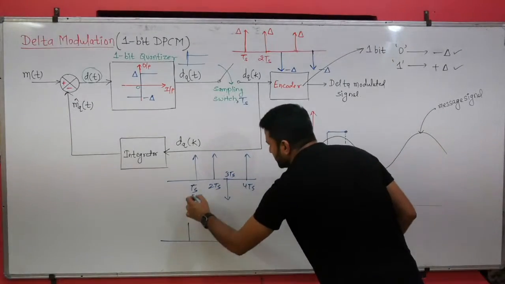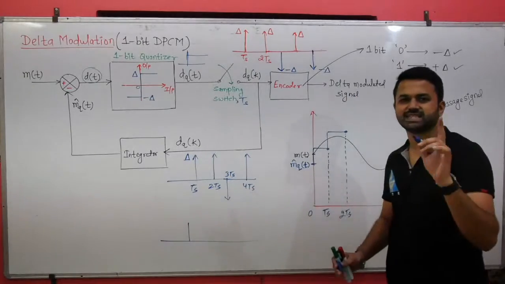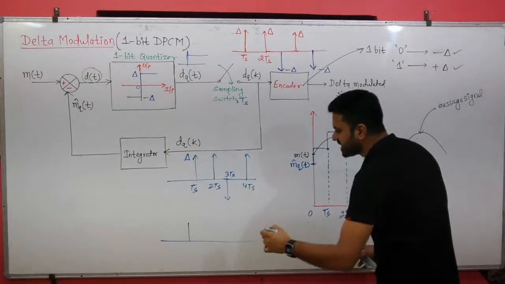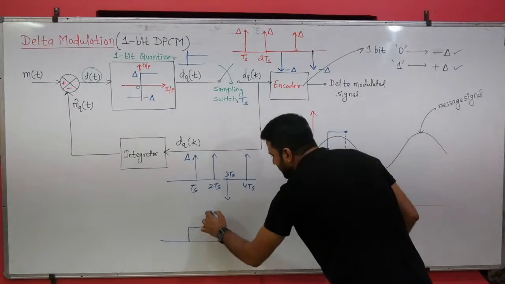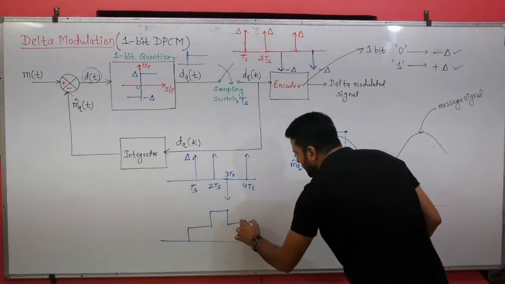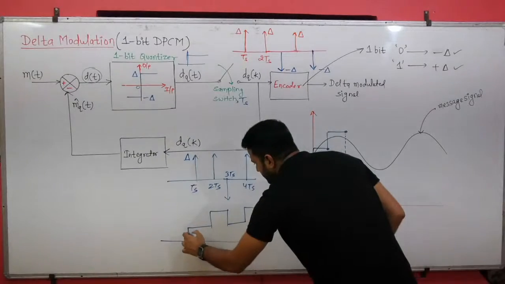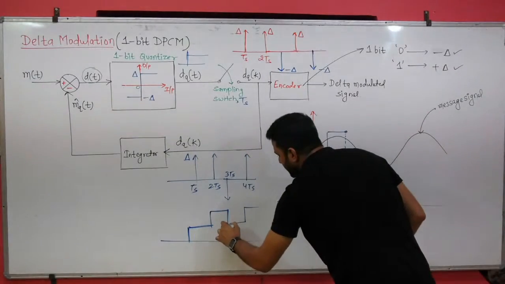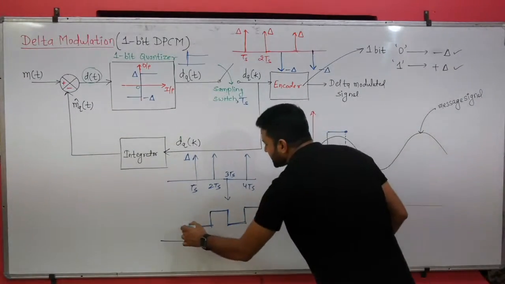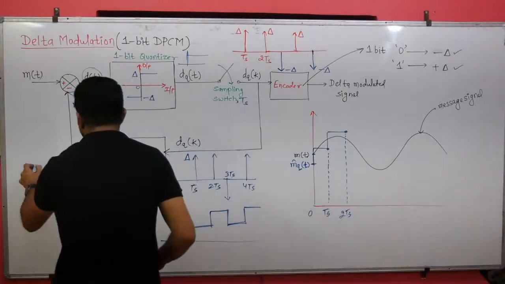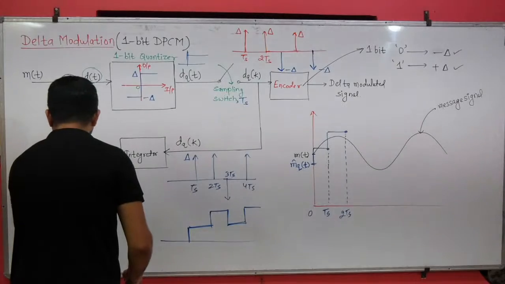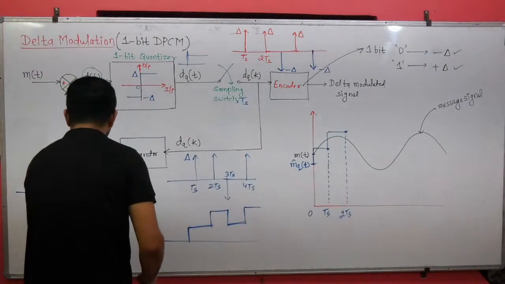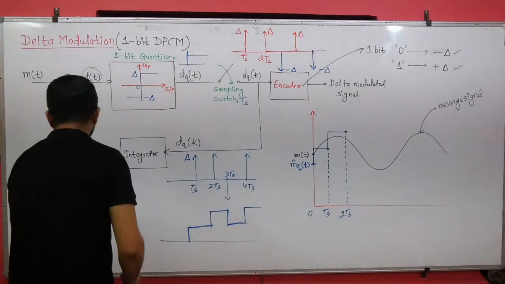Because the height of the impulse is delta, when you integrate you will get a step of height delta, and again delta, and again minus delta, and again delta, and so on. So at the integrator output we will get this type of signal, which will have a staircase of steps.